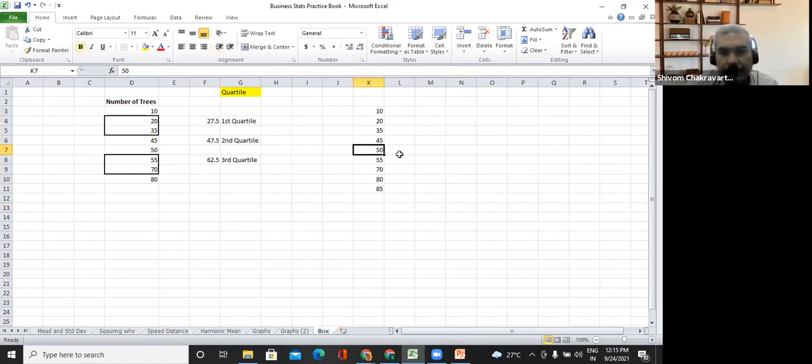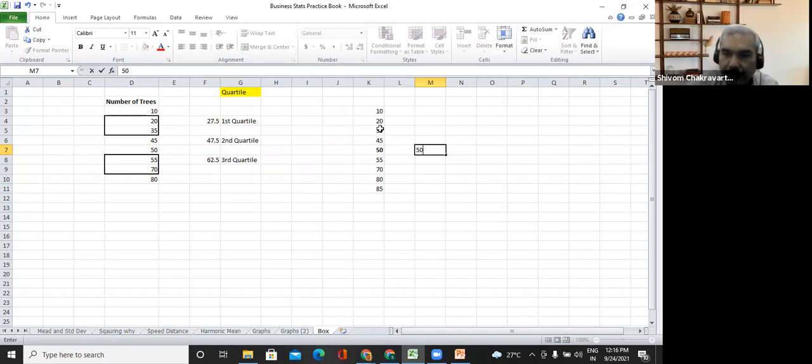The fifth value will divide the entire data set into two equal parts. Then the first part and second part we will divide again into two equal parts.